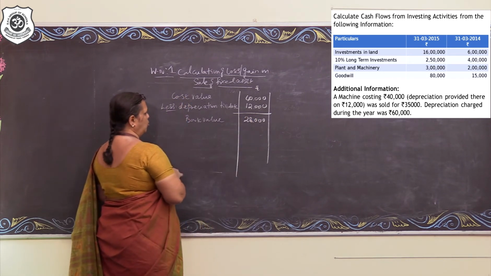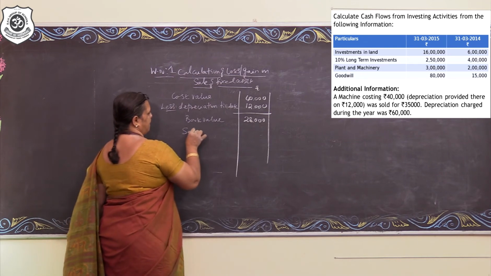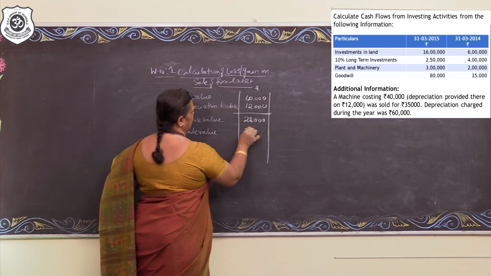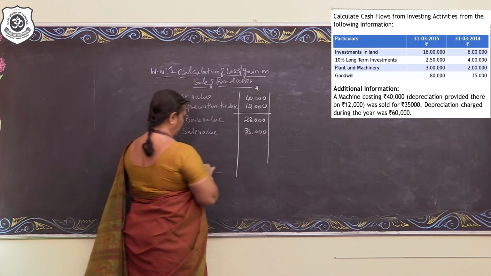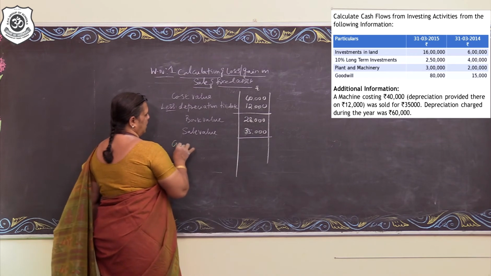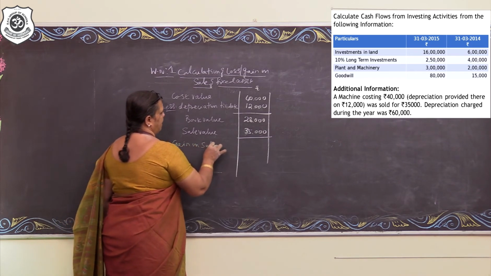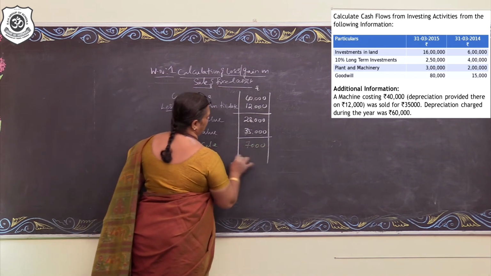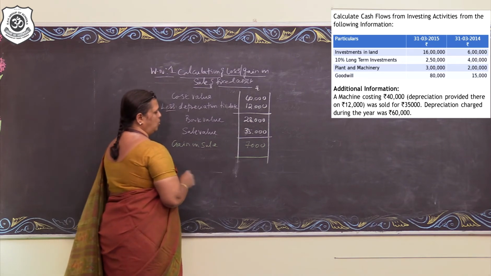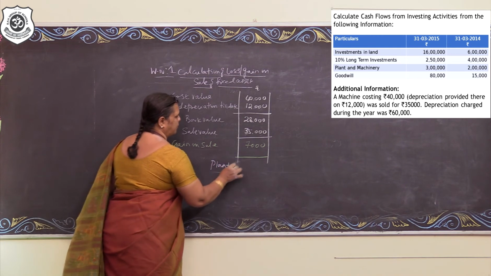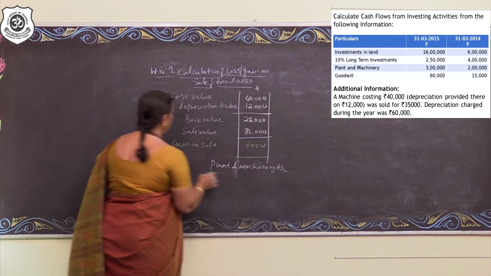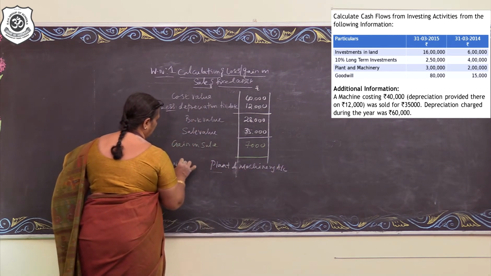Now sale value is 35,000. Therefore, there is a gain on sale, which is 7,000. Now let us open plant and machinery account to know the amount of purchase. So this will be working note number 2.